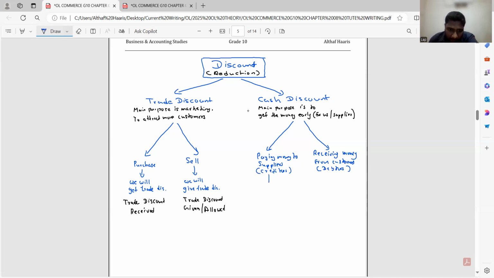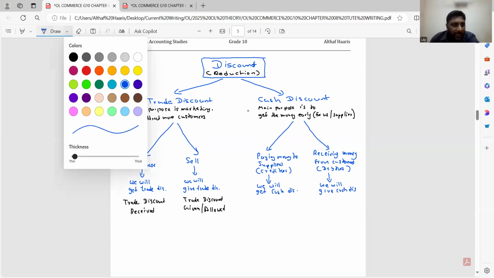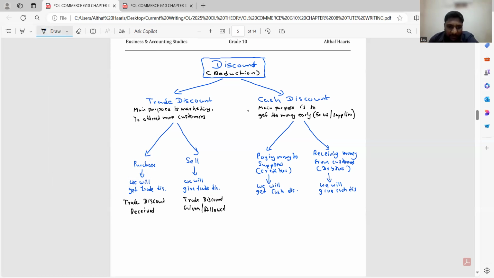So here we will get cash discount. Here we will give cash discount. So if we are getting any cash discount, can anyone tell me what's the name for it?